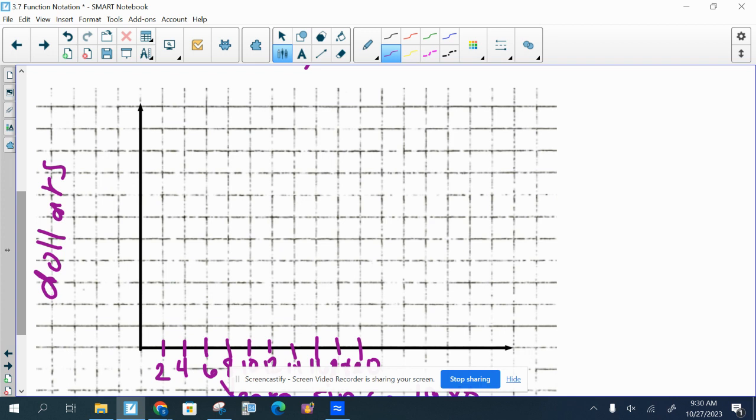So you can either let every tick mark be $1. However, since we are in decimals, it is going in increments of 0.1. You could go in increments of 0.2, 0.25, 0.5. Pick one. I'm going to do 0.5.